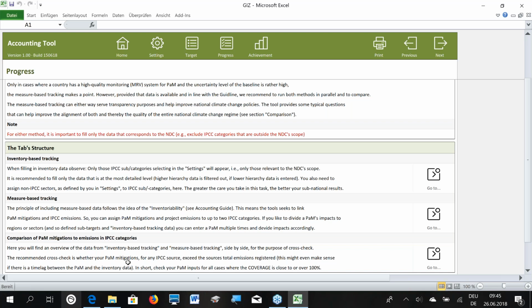So it's just some simple cross checks. But although they are simple, they might provide you some really important insights on where you have to improve either your inventory or the tracking of your mitigation actions.